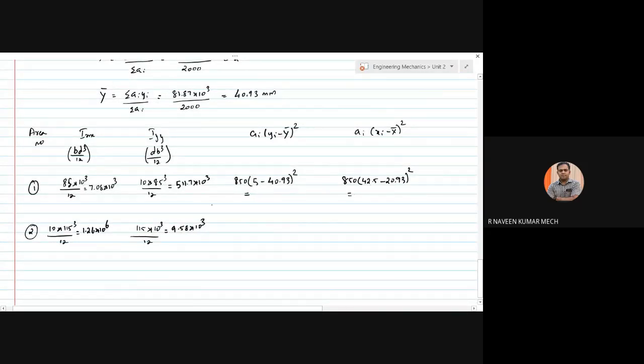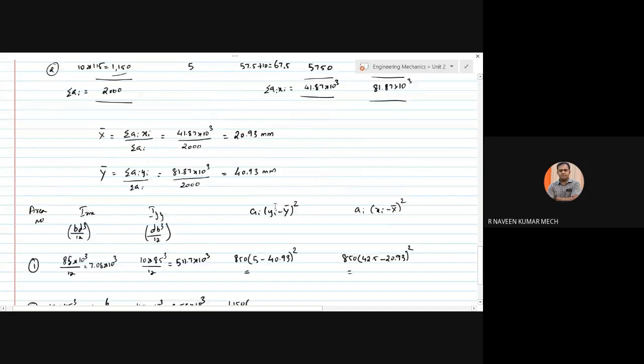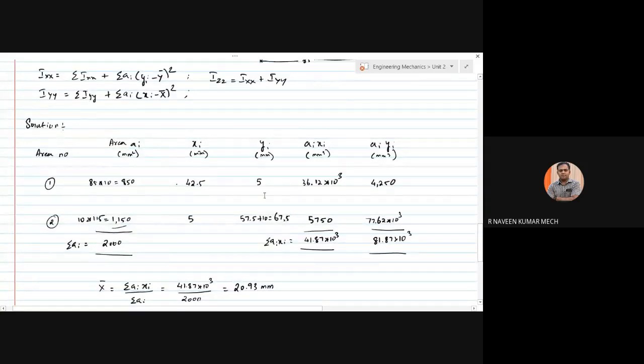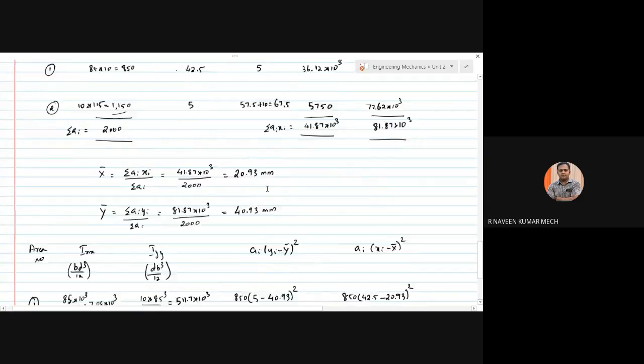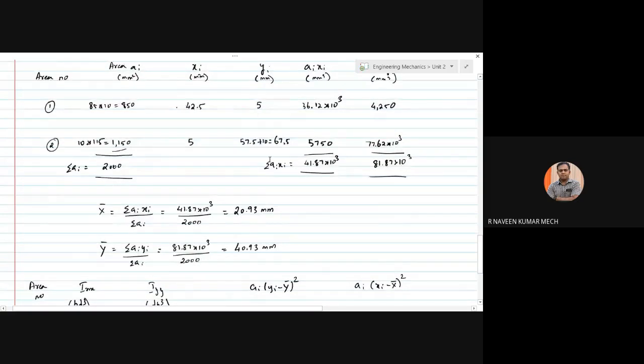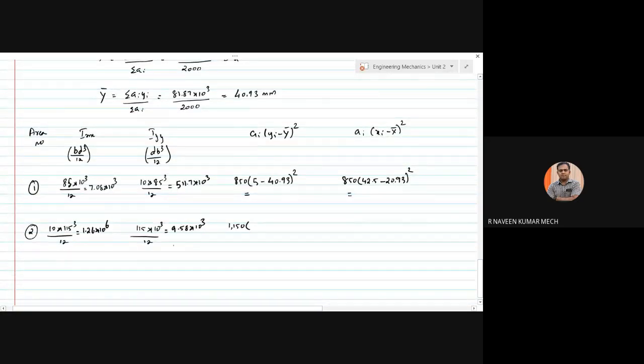Similarly here, 1150 into yi, for this one the yi is 67.5 minus 40.93 whole square.